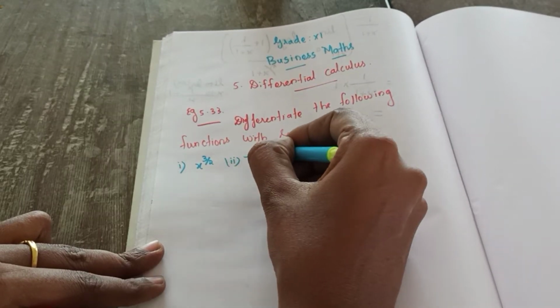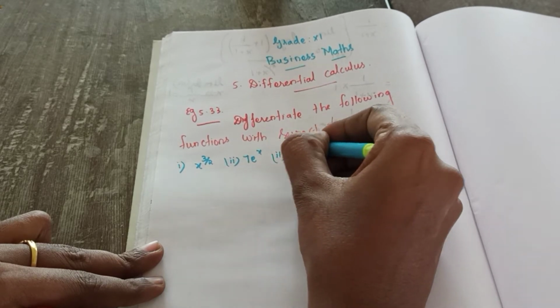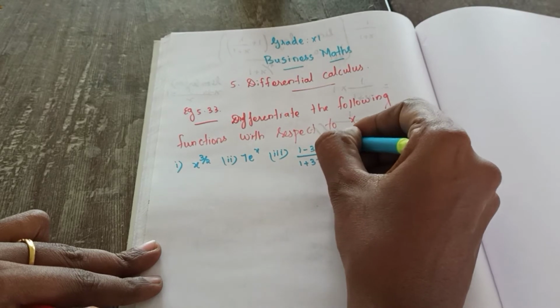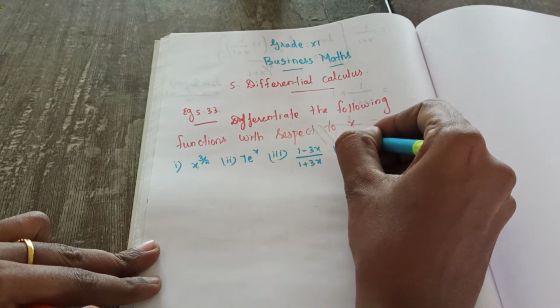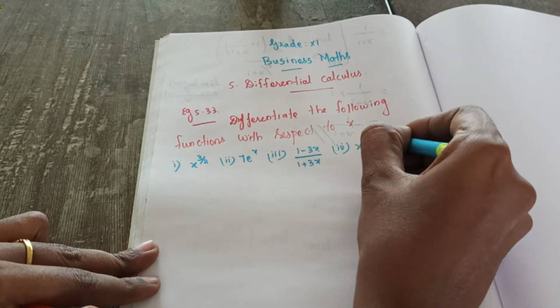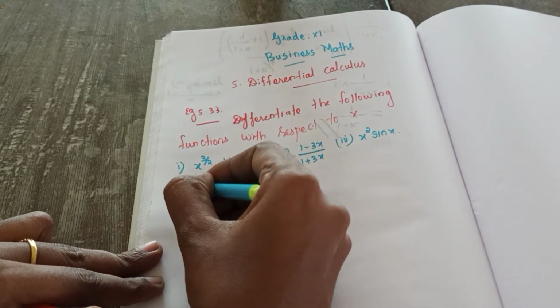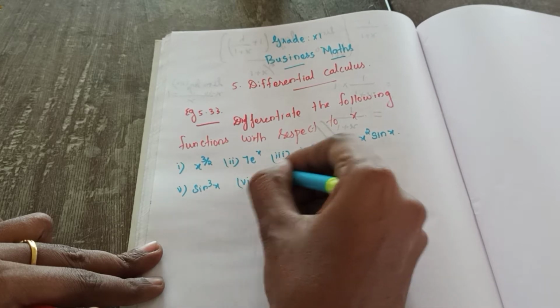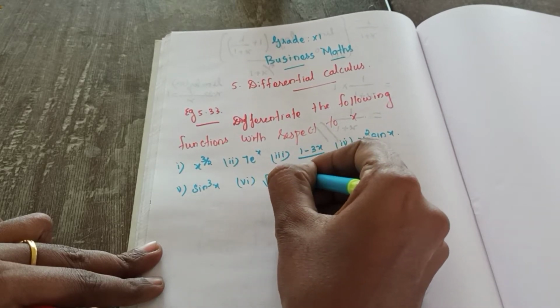Second one, 7 e power x. Third one, 1 minus 3x divided by 1 plus 3x. Fourth one, x square sin x. Fifth one, sin cube x. Sixth one, root of x square plus x plus 1.